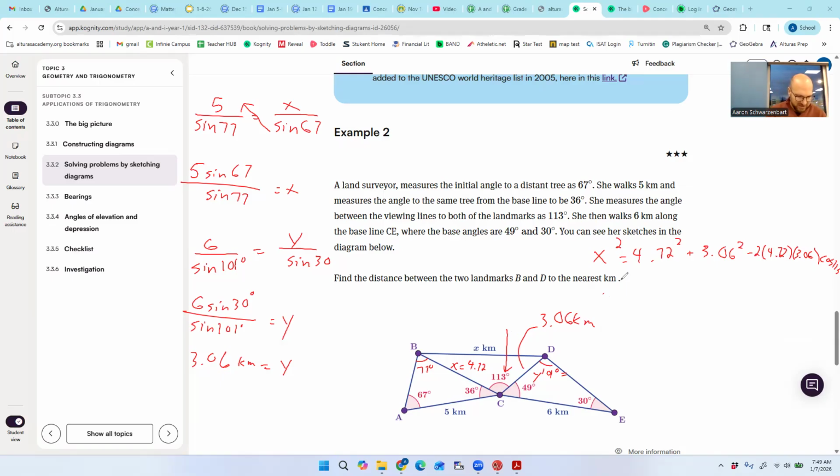I'm going to put this in my calculator, using more decimal places with previous answer.